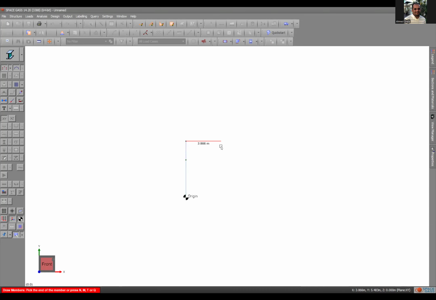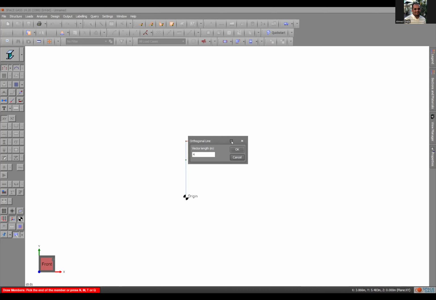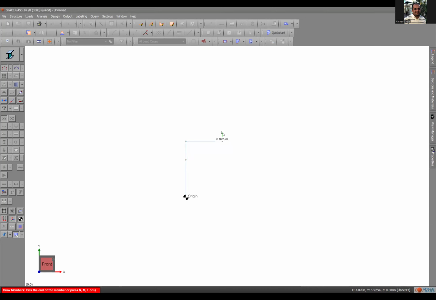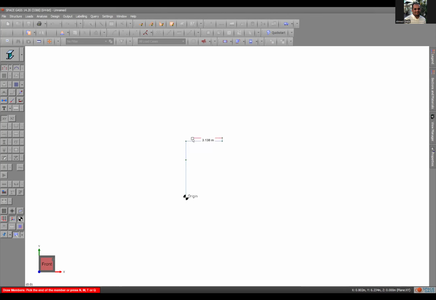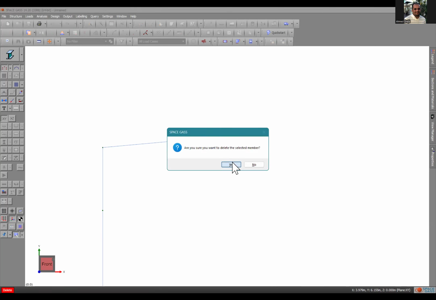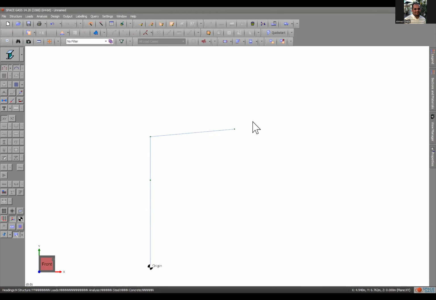Then we have 4 meter. Then to draw the height, we have 35.35. Then I connect the member here, so I can draw the pitched roof. Then I will delete this part and this part. The other option is you can just draw with coordinates rather than the member. It's up to you.